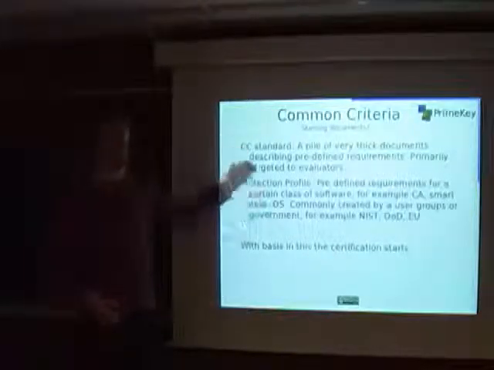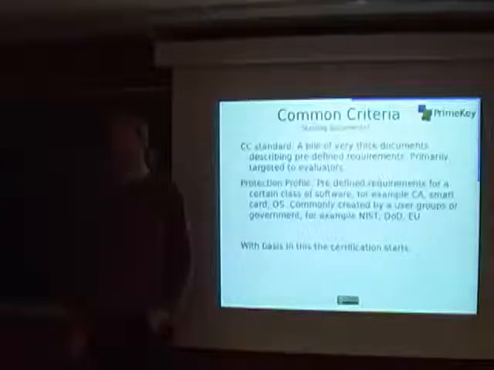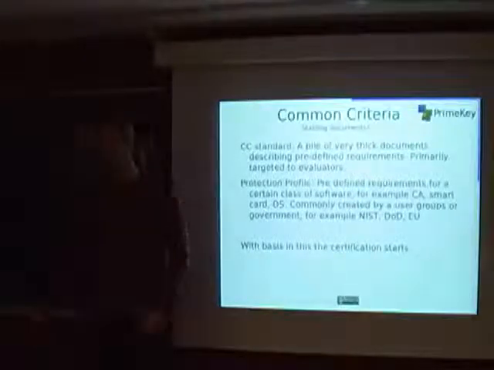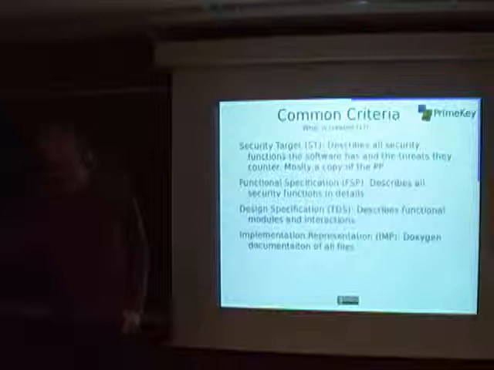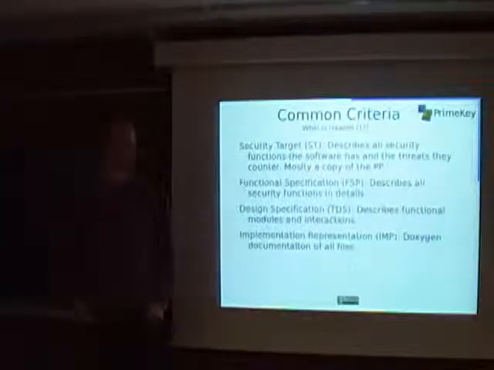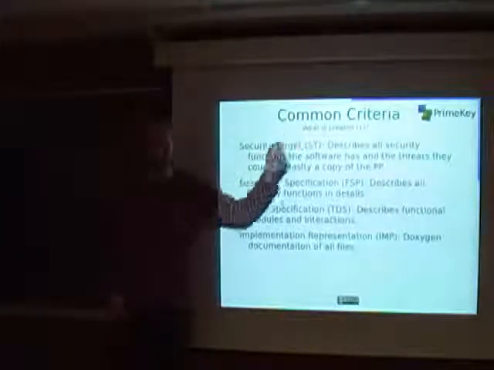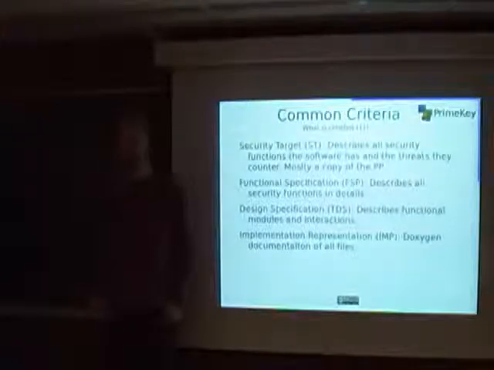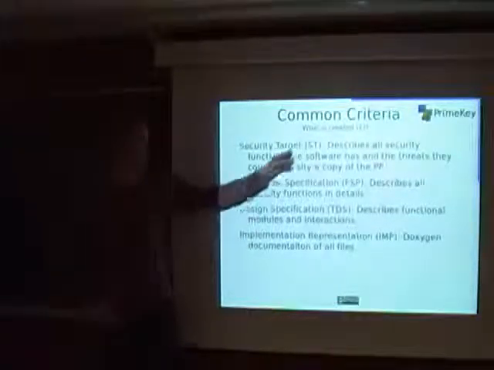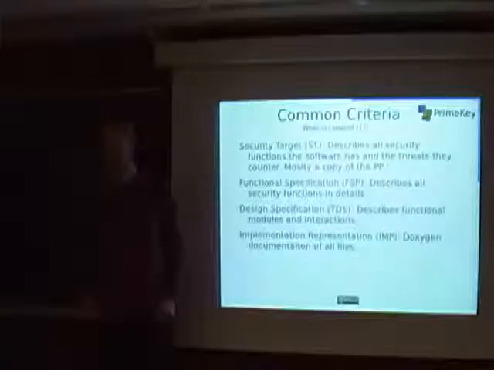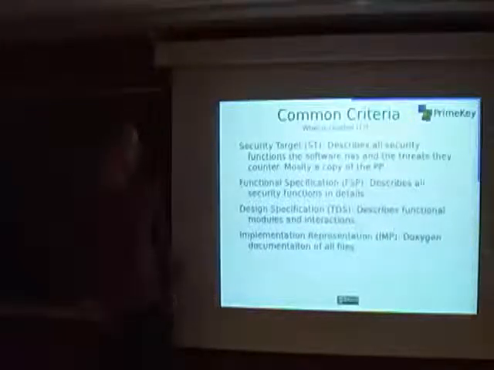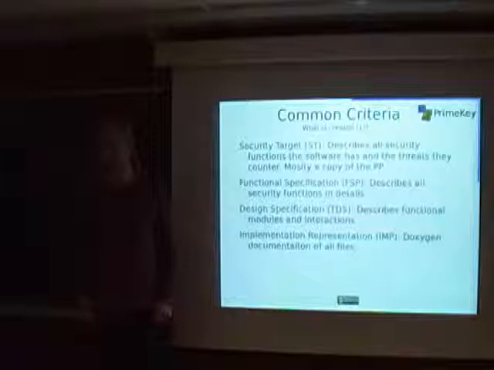So with the basis of only this, you start a certification process. And then you have to start to create a lot of things. So this is what we have to create as the developer. As you see, this is only page 1 of the list of what you have to create. First, you have to create the security target.